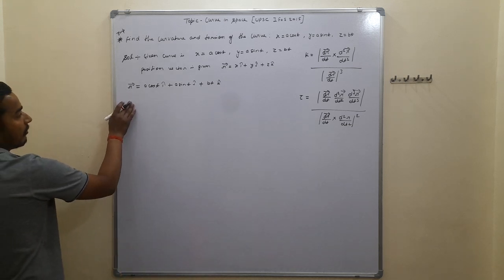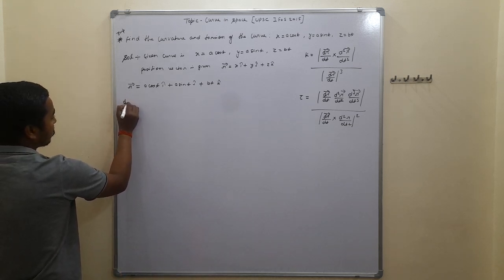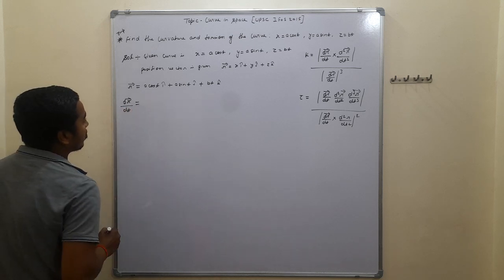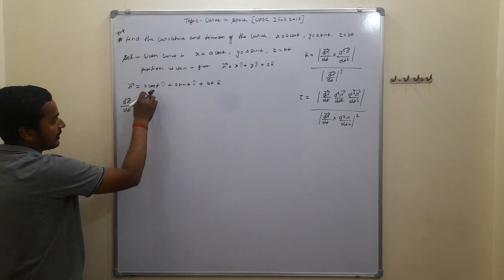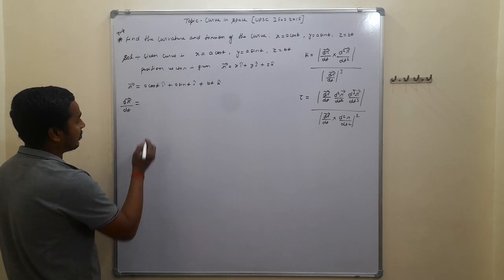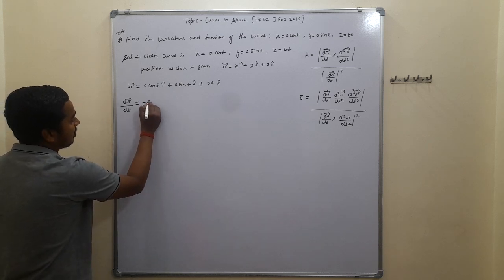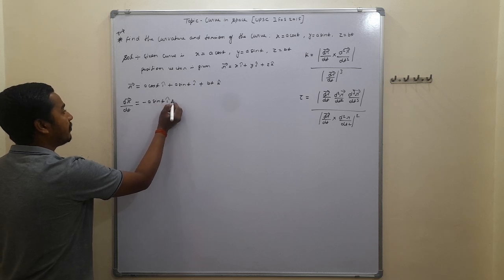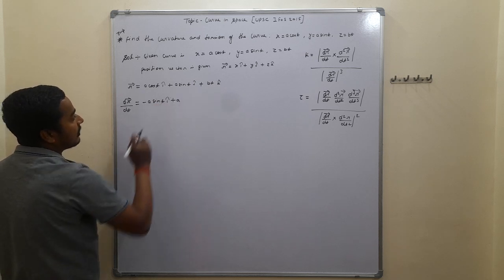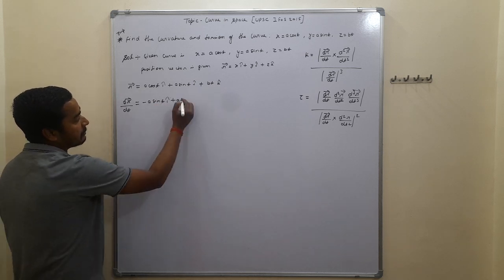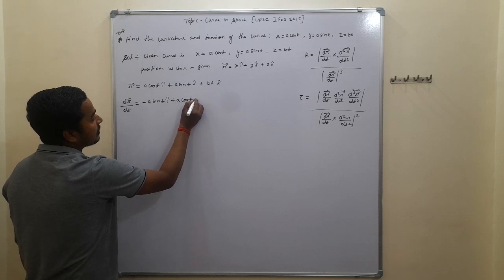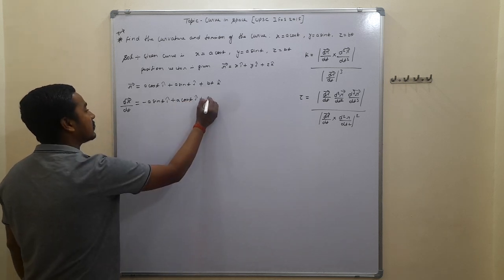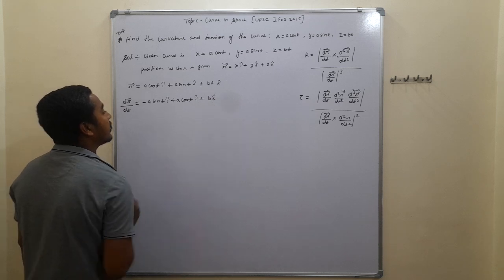First we find dr/dt by differentiating with respect to t. Here a is constant, cos t differentiated with respect to t gives minus sin t, so this is minus a sin t i cap, sin t differentiated gives cos t j cap, and bt differentiated gives b k cap.